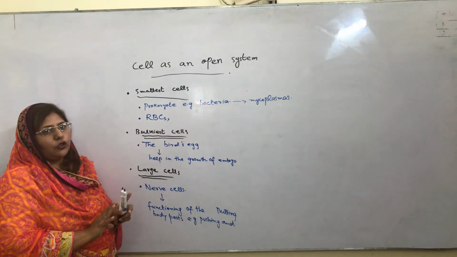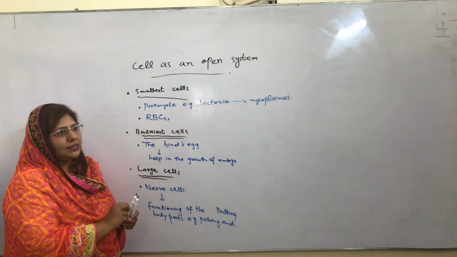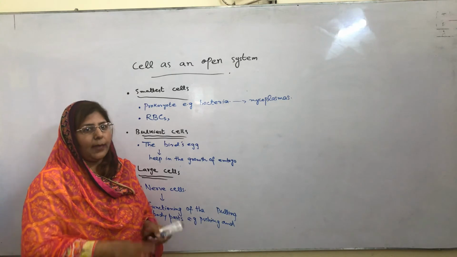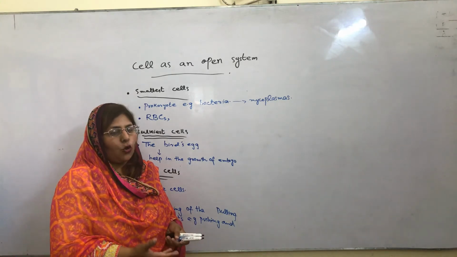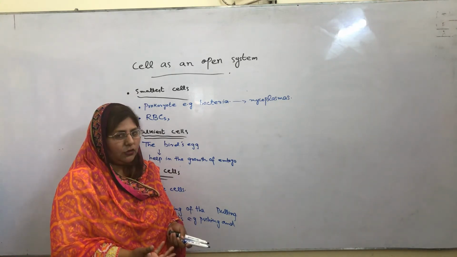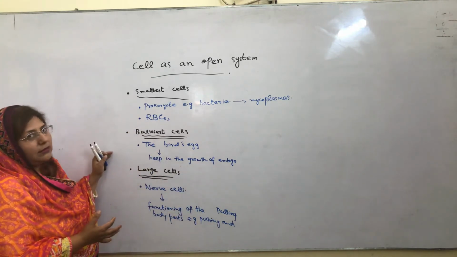This is the introduction of cell structure, their function, their size, why cells are in different shapes, what their specific jobs are, and why they have specific shapes. We have discussed this in this topic.